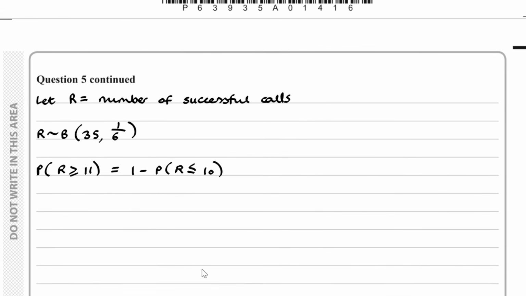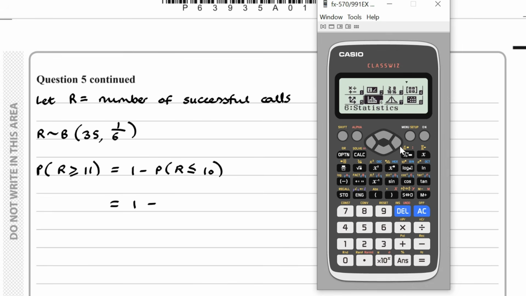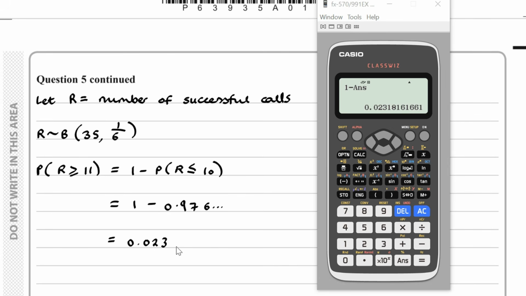So if we work all of this out, let's go back to the distribution section. We have a binomial CD variable. Here x is equal to 10, n is equal to 35, and p is equal to 1/6. So we end up with 1 minus 0.976, etc. Working this out, 1 minus this is equal to 0.023, to 3 significant figures.